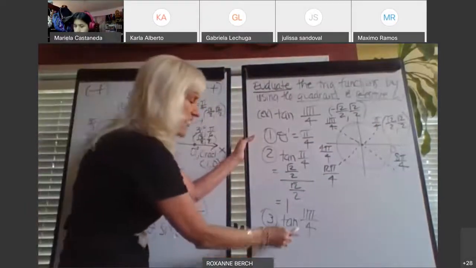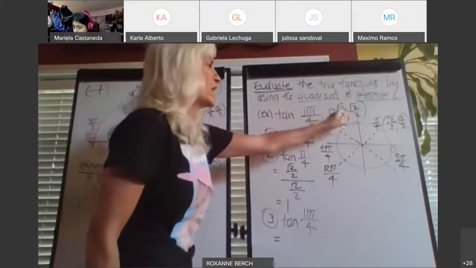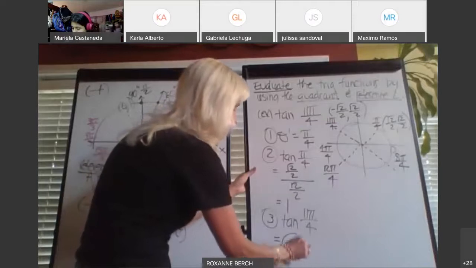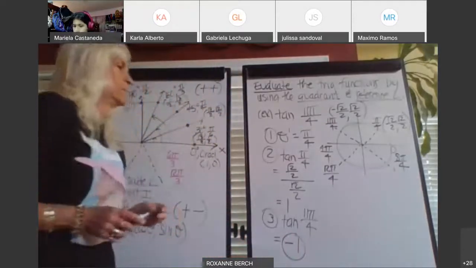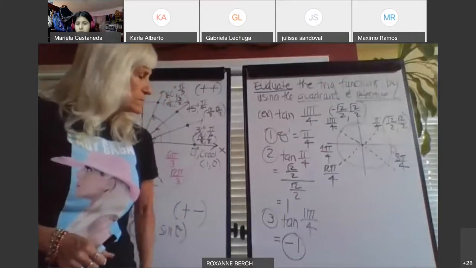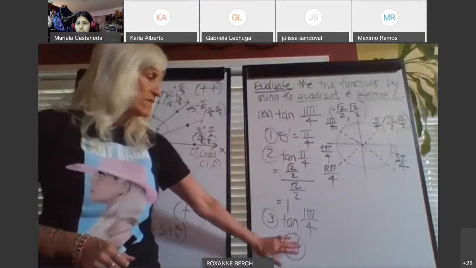So when you look at tangent of 11 pi over 4, wouldn't it be y over x, a positive divided by a negative, which would be -1? Right? So it's positive divided by a negative.